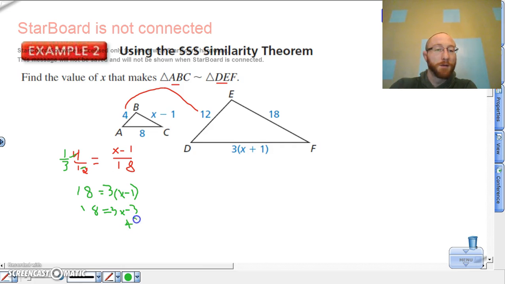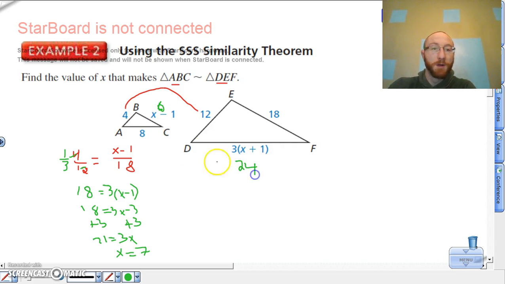We add 3 to both sides. We get 3x equals 21, and quite easily x equals 7. We can check this, right? 7 minus 1 would make this 6. And 7 plus 1 is 8 times 3 is 24. Oop.